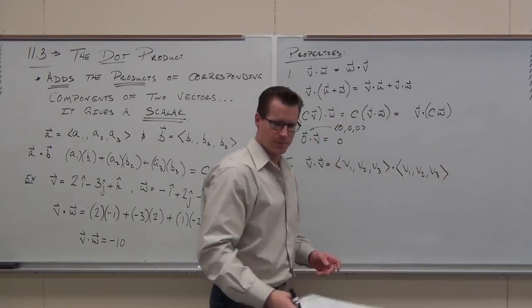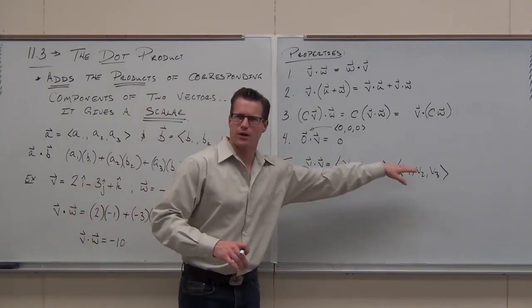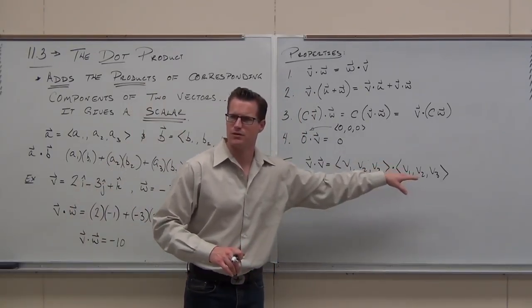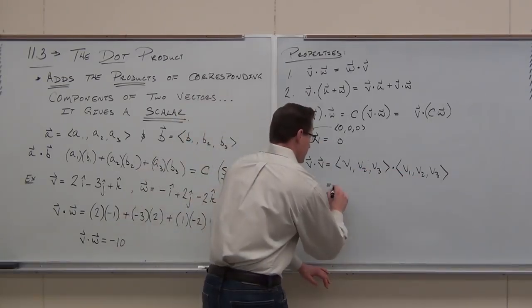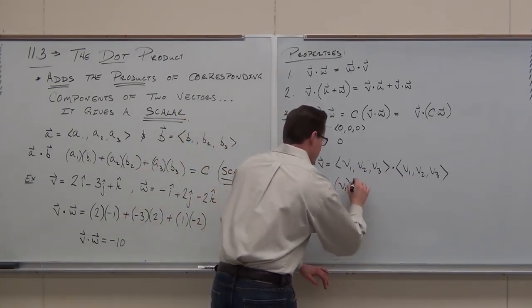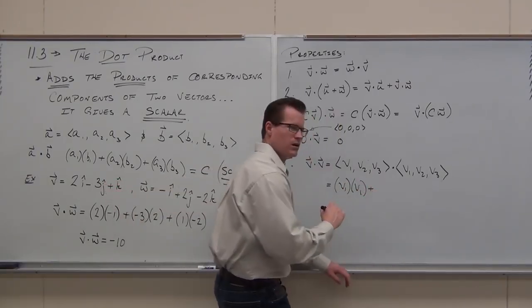Pretty straightforward. If I asked you to, could you do the dot product on these vectors right now? Quickly, what are the first two things you're multiplying together? Just like we did, plus what?